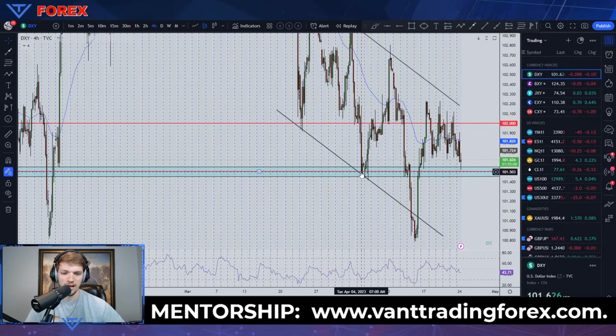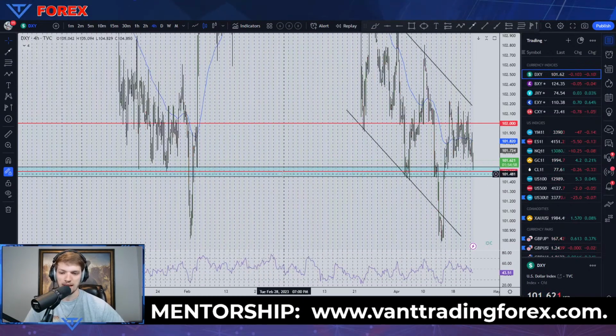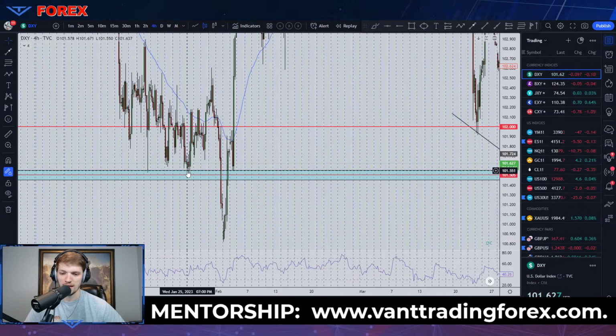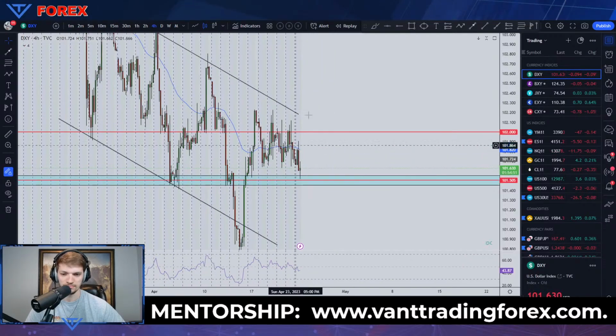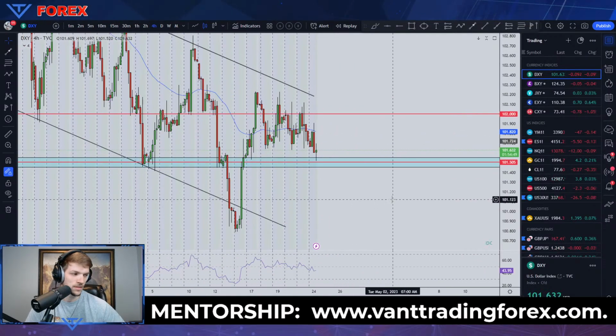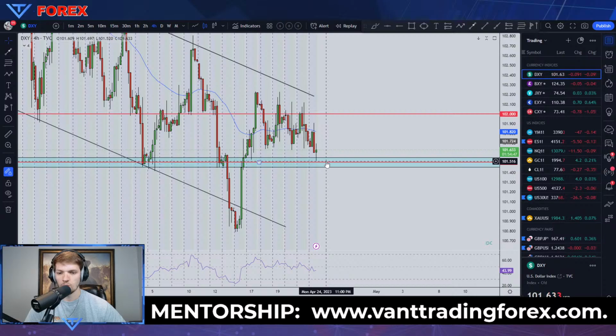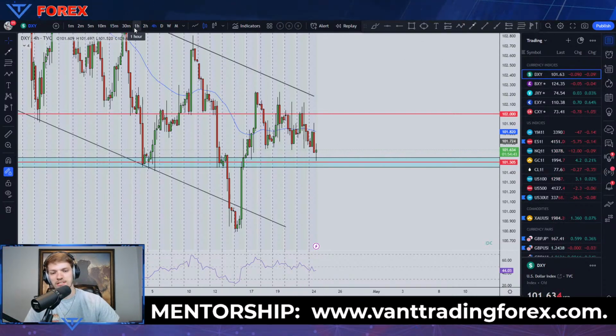So 101.5 is going to be the area to watch. It's been the area to watch back in January, back in April. If we break through 101.5, that's going to be some selling pressure, looking for straight sells.